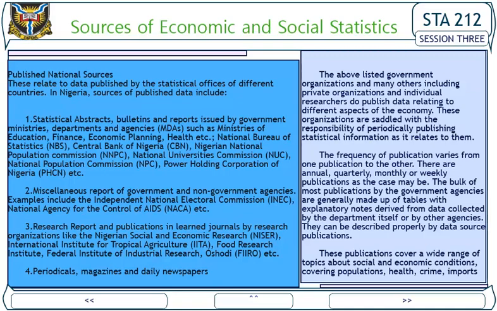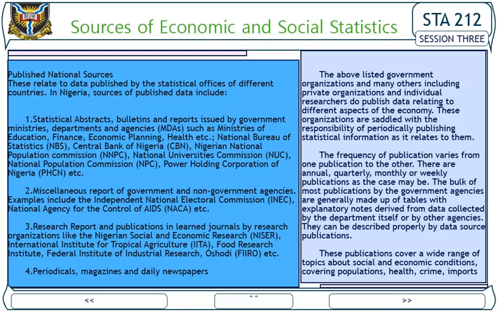Statistical abstracts, bulletins, and reports issued by government ministries, departments, and agencies (MDAs), such as Ministries of Education, Finance, Economic Planning, Health, etc. National Bureau of Statistics (NBS), Central Bank of Nigeria (CBN), National University Commission (NUC), National Population Commission (NPC), Power Holding Corporation of Nigeria (PHCN), etc.